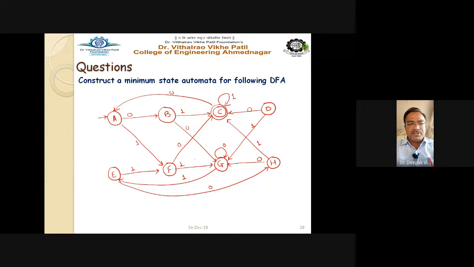Step by step, you have to solve it and get the final minimized automata for the given question. The same type of question is asked in the in-semester as well as the end-semester examination. You have to minimize the number of states, and follow the same methodology which I have explained in the slides, right?